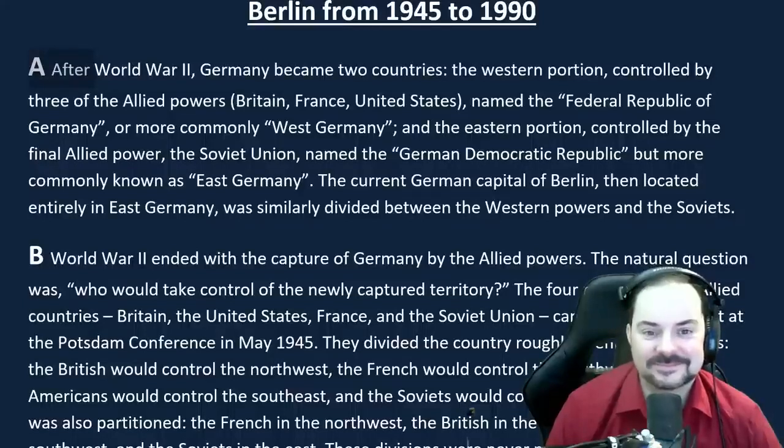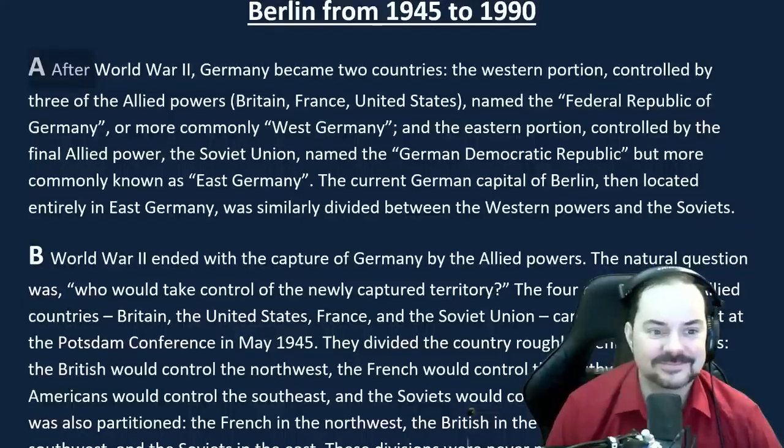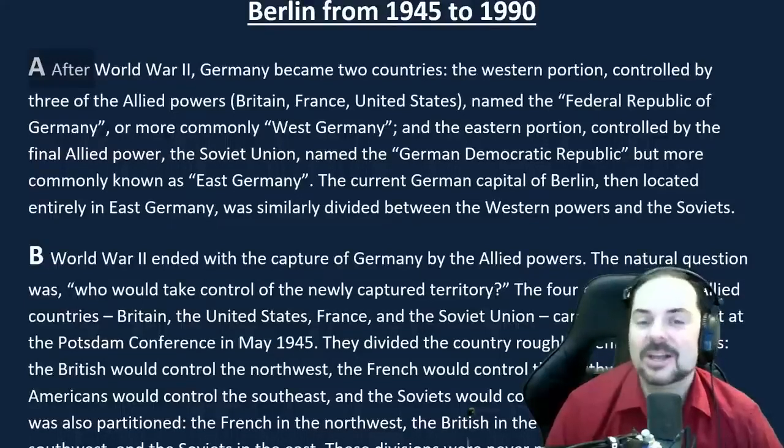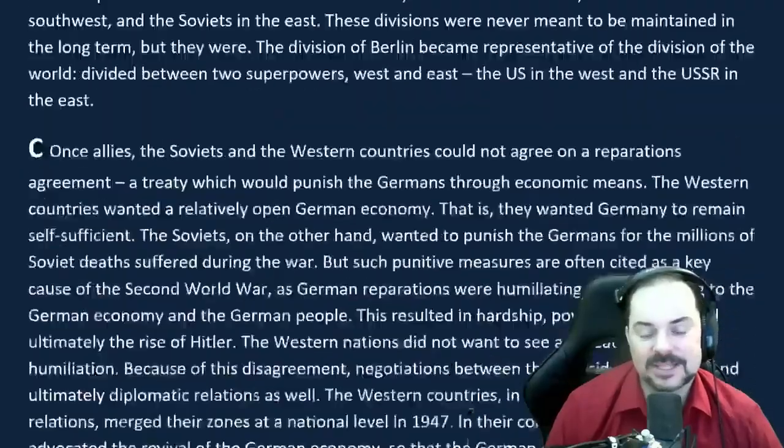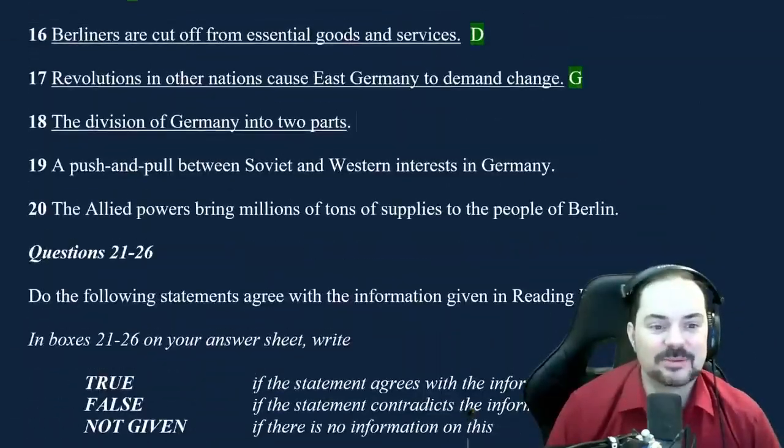The western portion, controlled by three of the Allied powers, Britain, France, United States, named the Federal Republic of Germany, or more commonly Western Germany, and the eastern portion, controlled by the final Allied power, the Soviet Union, named the German Democratic Republic, but more commonly known as Eastern Germany. Perfect. Current German capital of Berlin. Yeah, that's fine. We can stop there. Clearly, it's A, right? So that's how the story starts. Yes, Germany is divided into two pieces. So we've got A there.